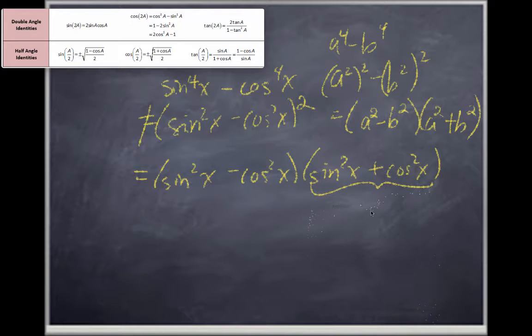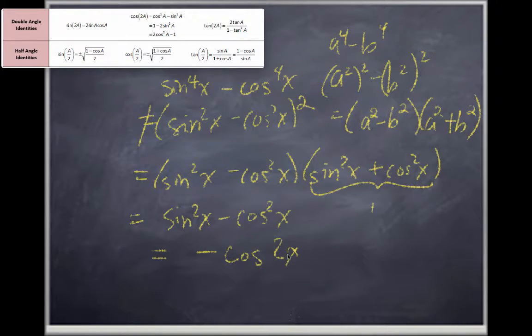At this point, this is 1. So this is sine squared minus cosine squared. Then you check here. It looks very much like this one, it's just reversed. So that means it's negative this. So negative cosine 2x.